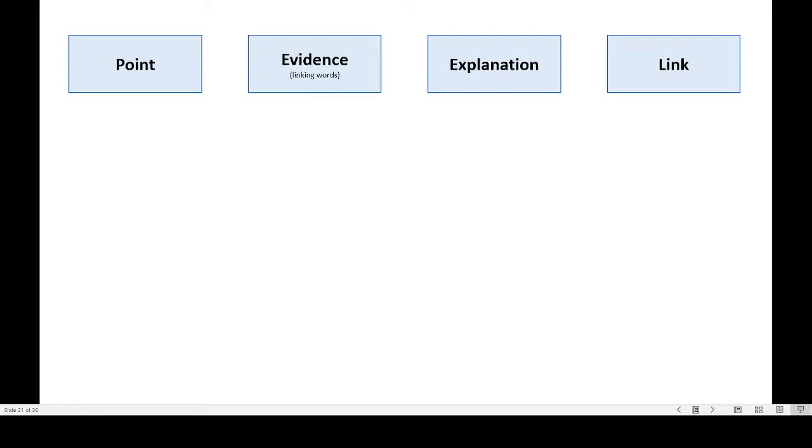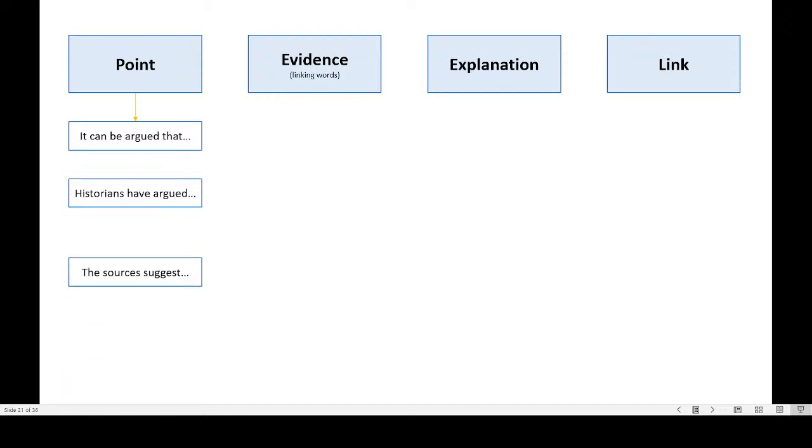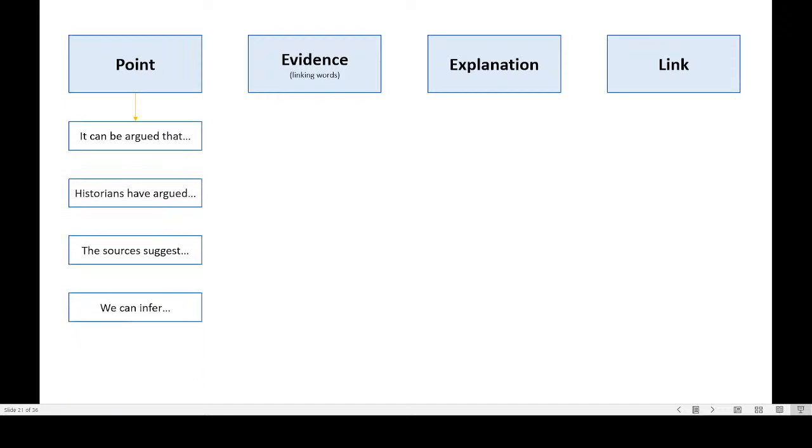So let's focus on phrases that we can use for, I suppose, just successfully stating the main point of our argument. So firstly, we could say at the start of our paragraph, it can be argued that, historians have argued, the sources suggest, we can infer from the sources.